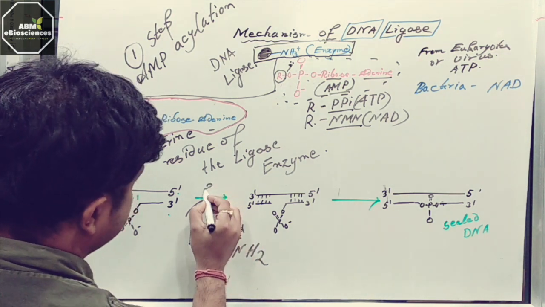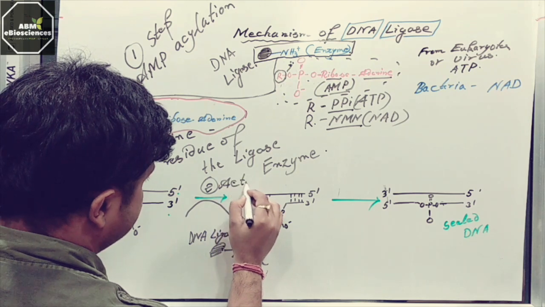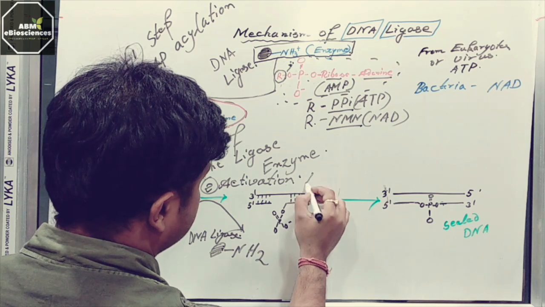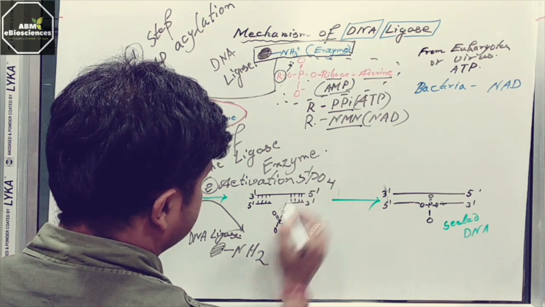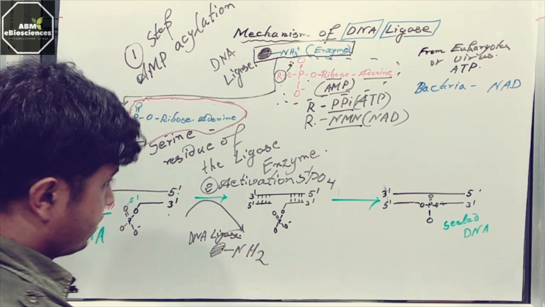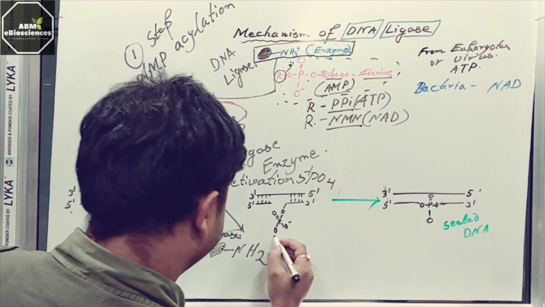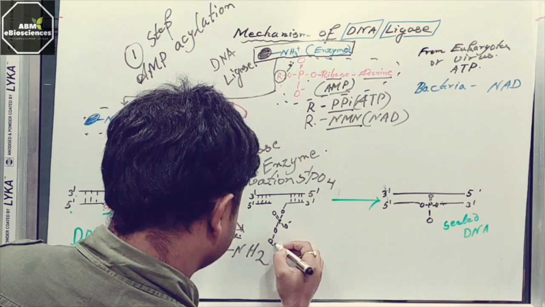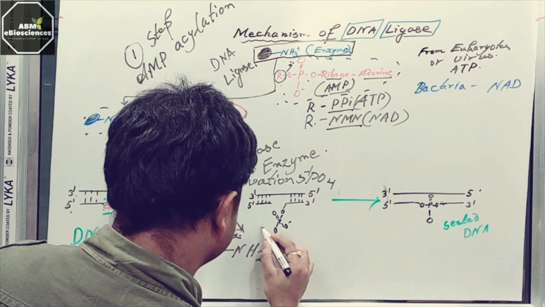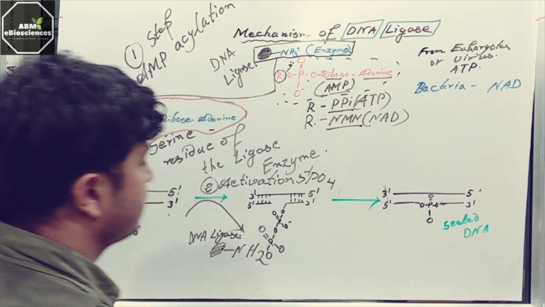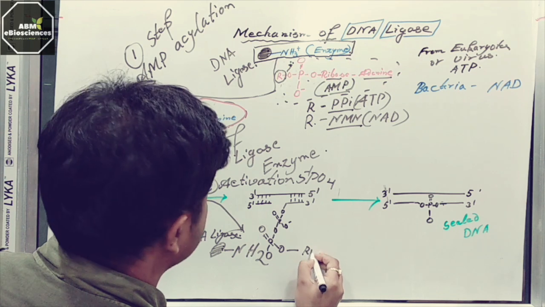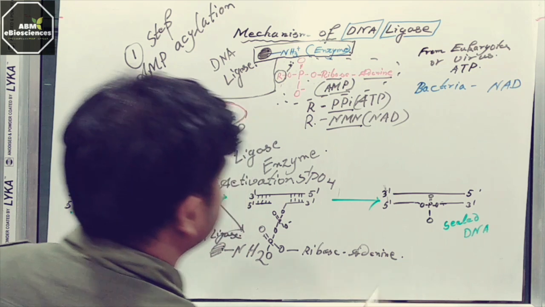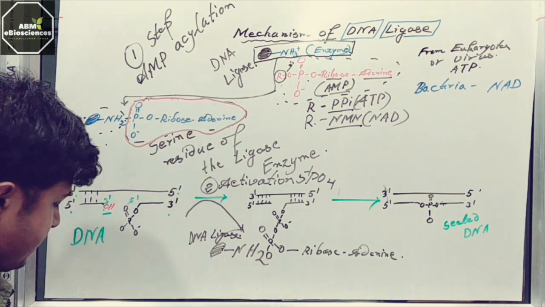So this is step 2, the activation of the 5' phosphate group. If I draw it here, it will be like this. And here it is ribose and adenine. Now this group is transferred to the phosphate.